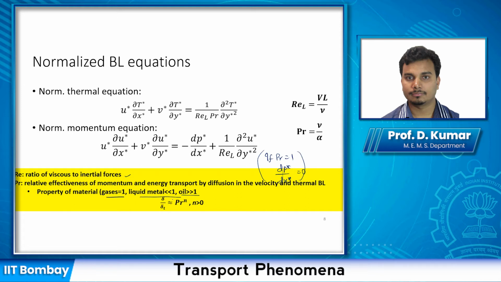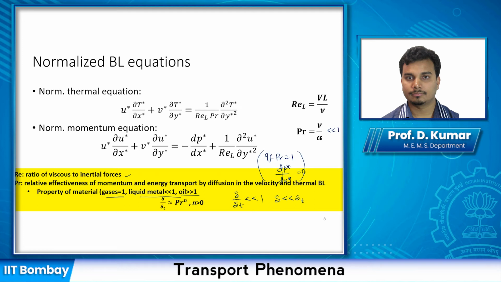For example, for liquid metal, delta by delta t is much less than 1. Once Prandtl is less than 1 and you raise some positive power to that, it will be less than 1. So what we see is that the velocity boundary layer for these cases will be much smaller than the thermal boundary layer.